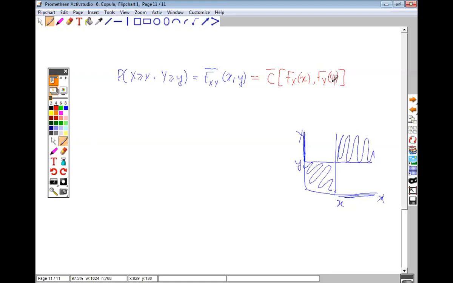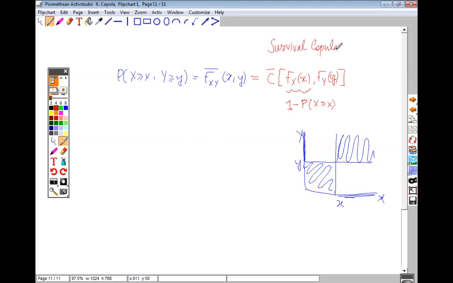I can still put x, but I'm going to go with y here. Whenever I'm talking about this F of x, I know what this is. This is just 1 minus the probability that I will observe X greater than or equal to x. So this is also the complement of something that we would have written in this case, which is X greater than or equal to x. These kinds of copulas are known as survival copulas.